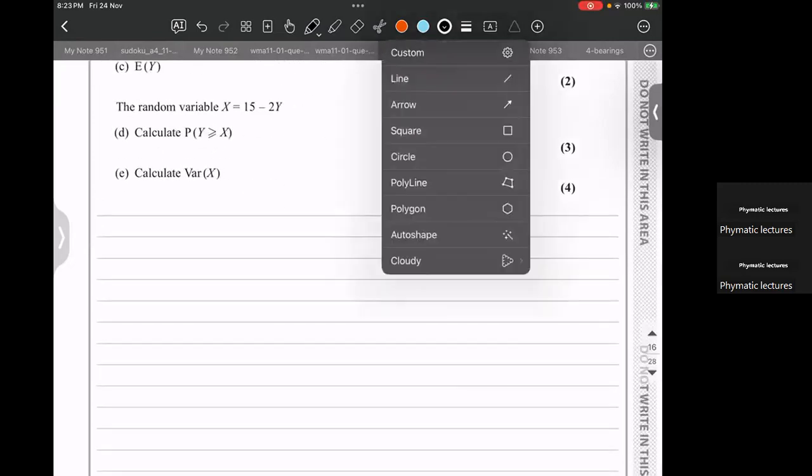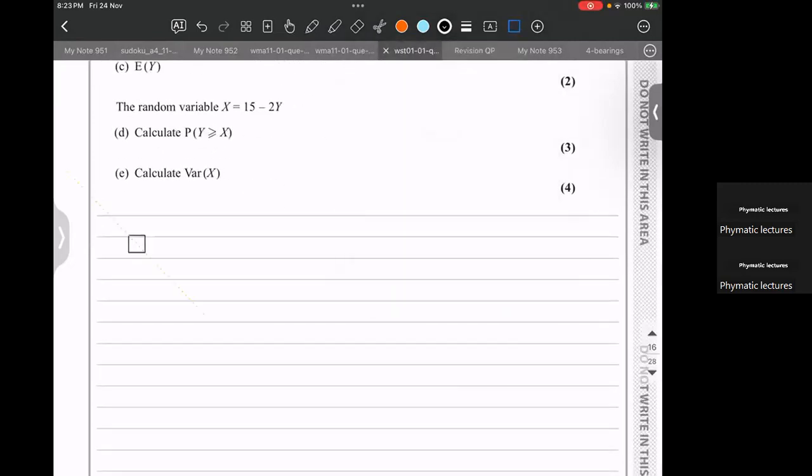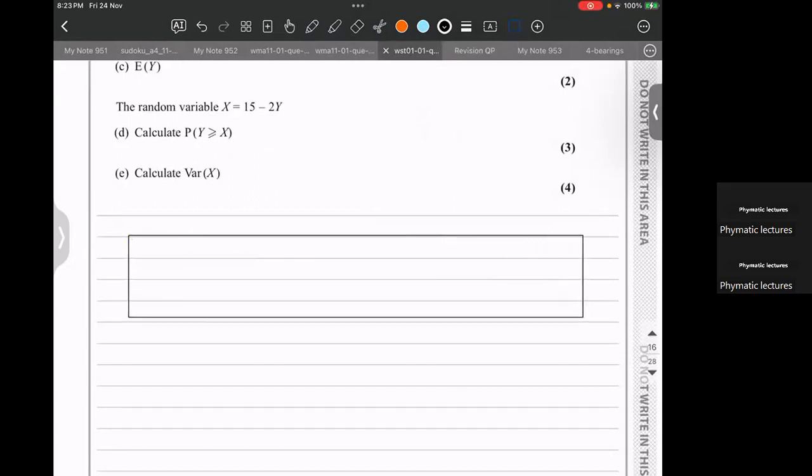So first of all, we will make this into a table form. After making this into a table form, we will distribute the values of y. Here this is y and this is the respective probability of y.